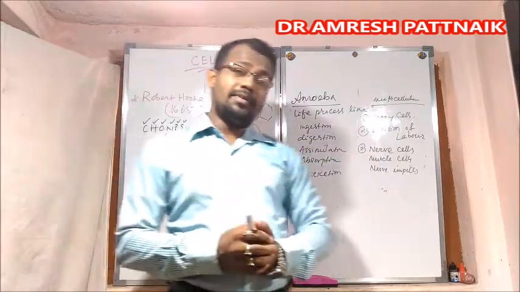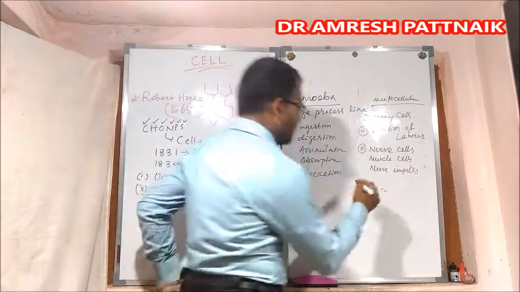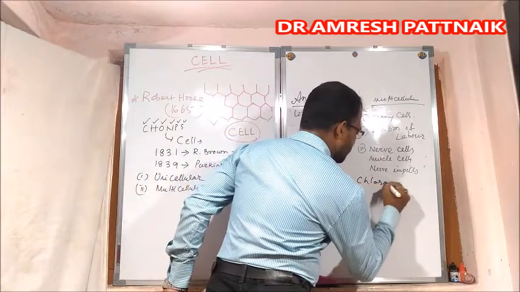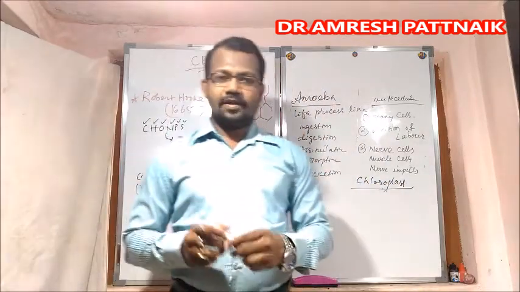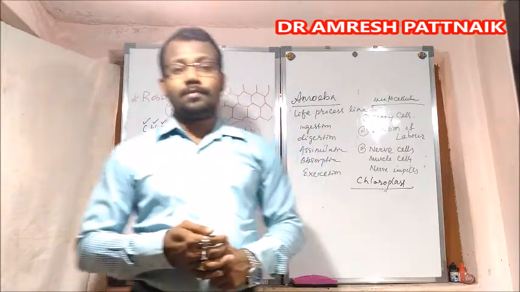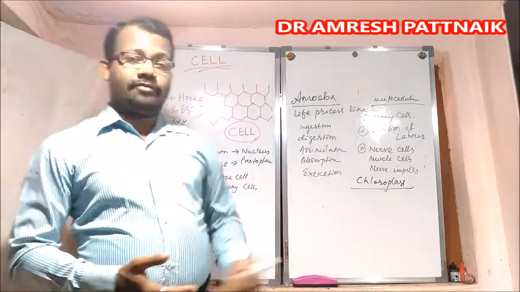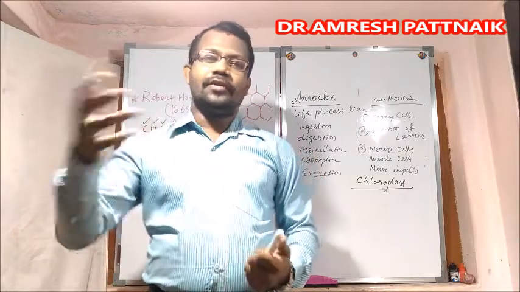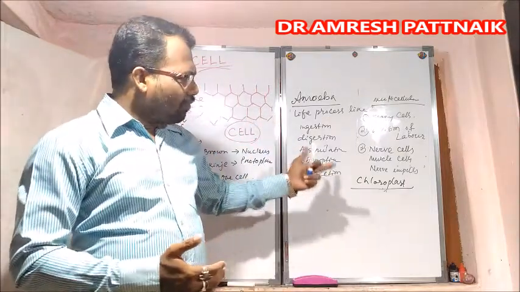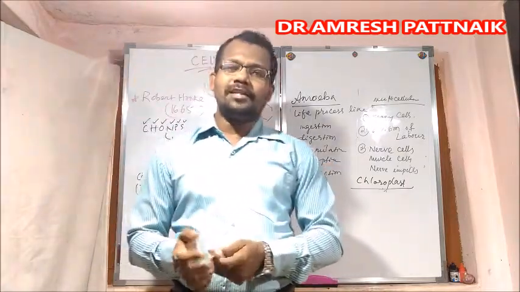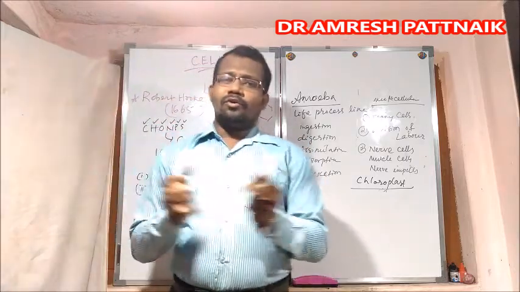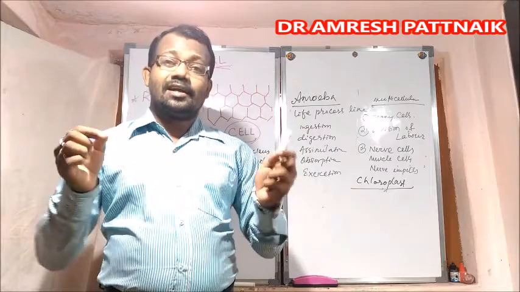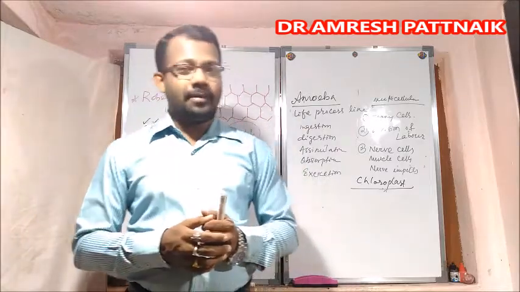In the plant cell, what will happen? In the plant cell, you know, chloroplast is there. What the structure of chloroplast is and what its work is, we will know in a later part. But what is the role played by the chloroplast? First, let's know. As you know, chloroplast contains chlorophyll, the green colored pigment.